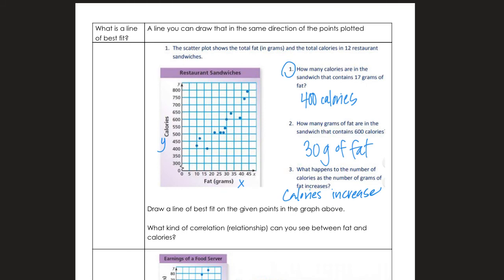If you have a ruler that is clear so that you can see through it, that would be awesome. Because when you are doing a line of best fit, if possible, you want to try to have an even amount of points on each side. I'm going to try to make mine as straight as possible.